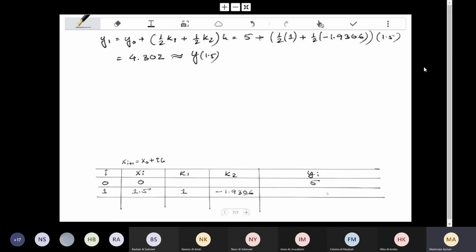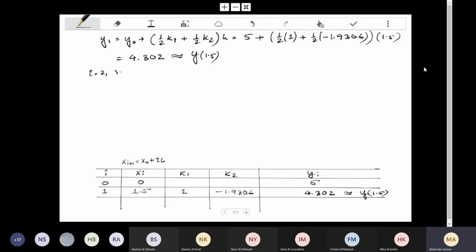And for y1, we just got the value 4.302. So you can very clearly see that this 4.302 is the value at x equal to 1.5. So yes, this is the value of y at x equal to 1.5.